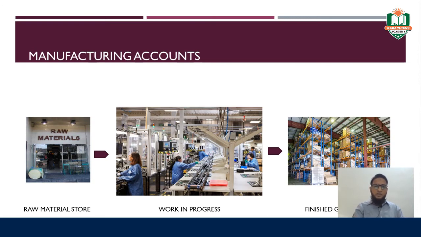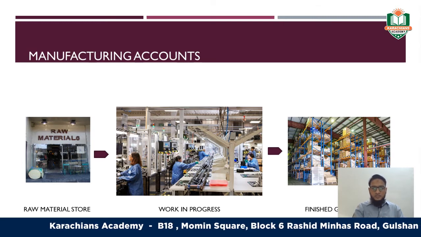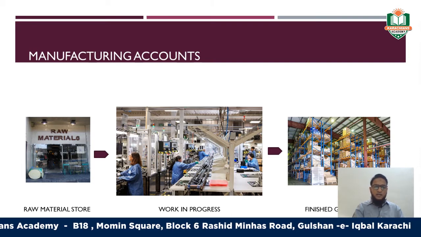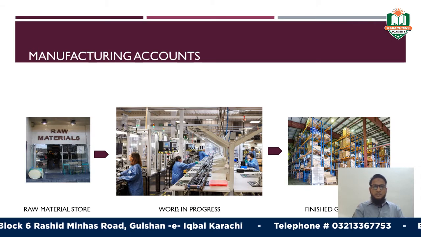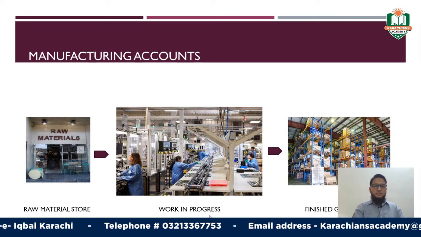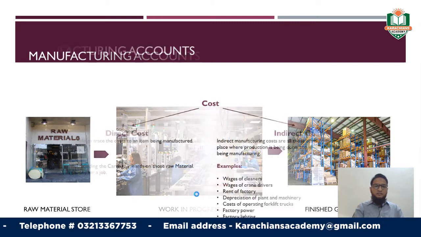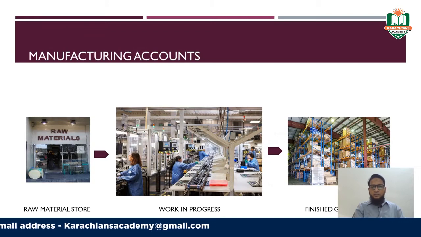There is some of the raw material on which 50%, 30%, 70%, 60% of the work has been done and a little bit is required to be done. Therefore, those partially completed goods will be termed as work in progress, right? They are not in the form of raw material, nor are they considered finished goods.